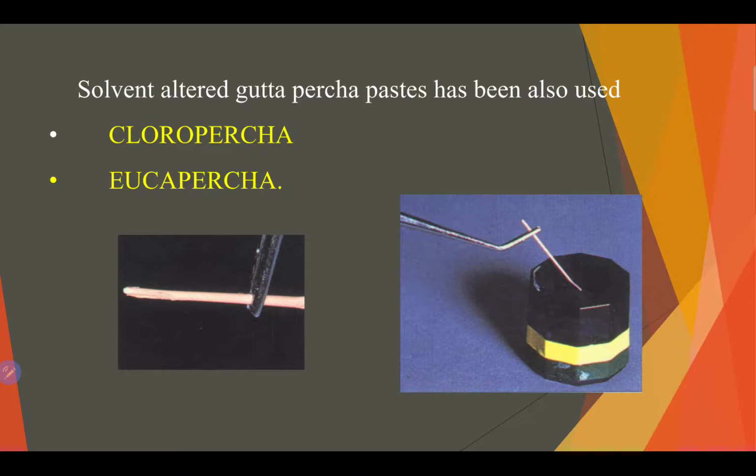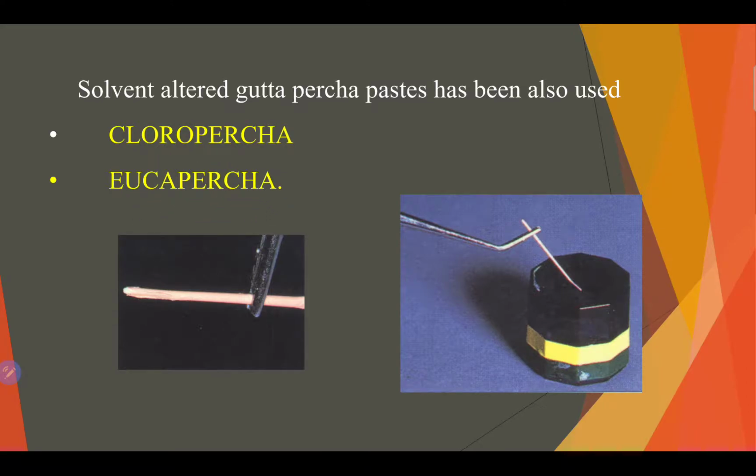We said before that we use a solvent like chloroform, or instead of chloroform, because it is toxic, we can use eucalyptus.